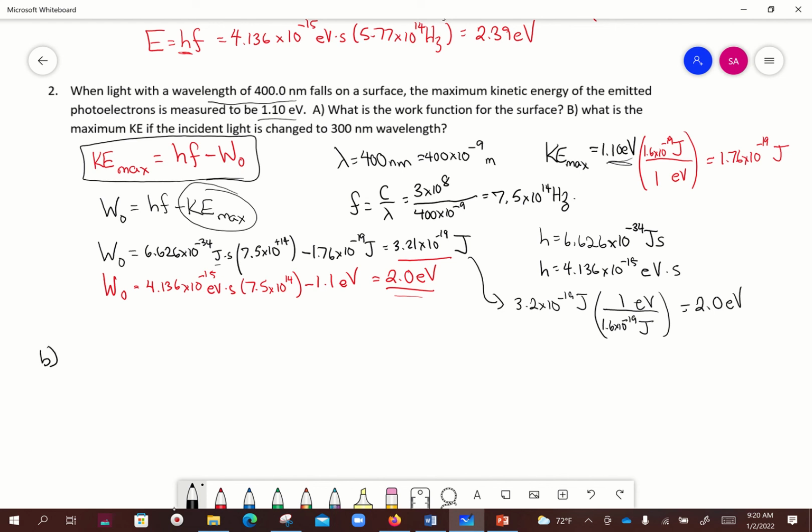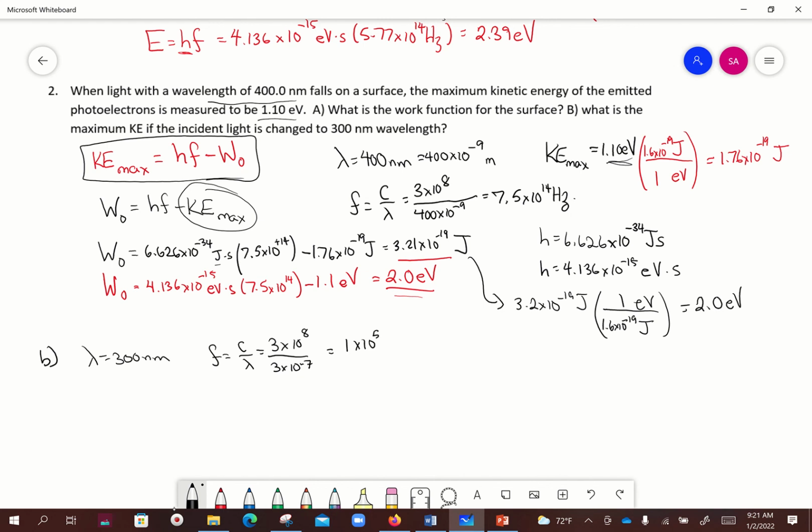Part B says, what's the maximum kinetic energy that you'll get if the incident light is changed to a 300 nanometer wavelength? All right, so now lambda is equal to 300 nanometers. So our frequency is c over lambda, 3 times 10 to the 8 over 3 times 10 to the minus 7, or 300 times 10 to the minus 9, however you want to write it.